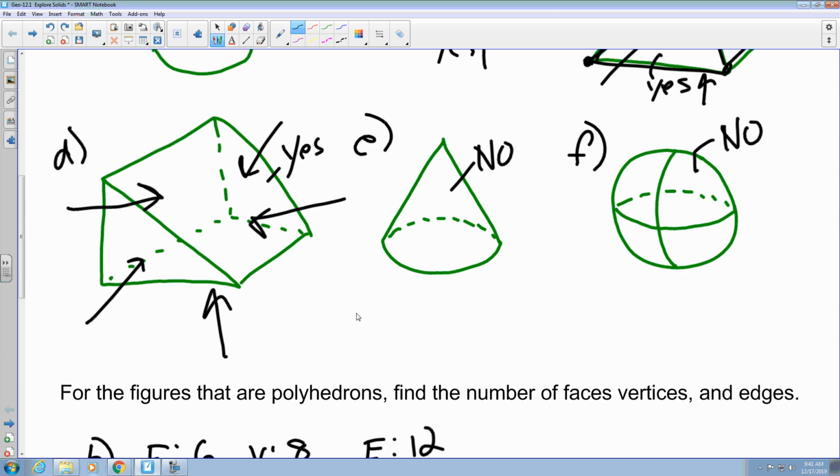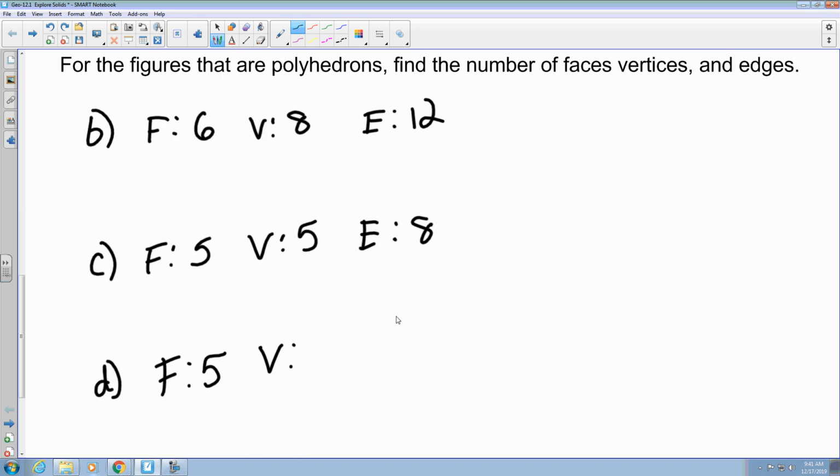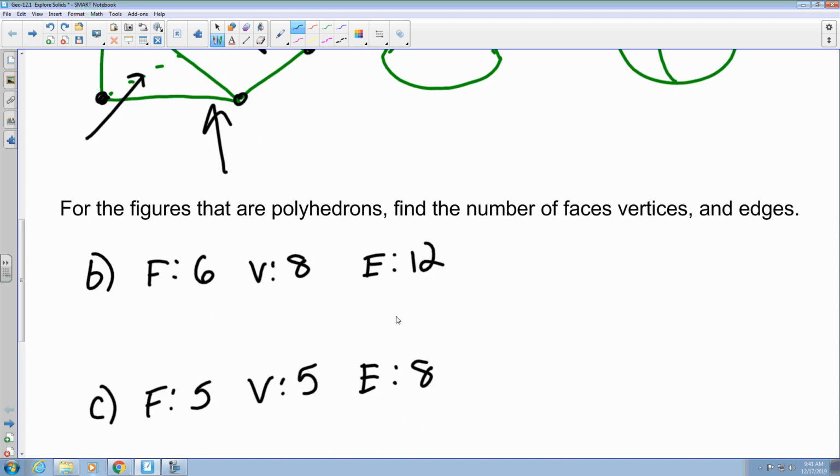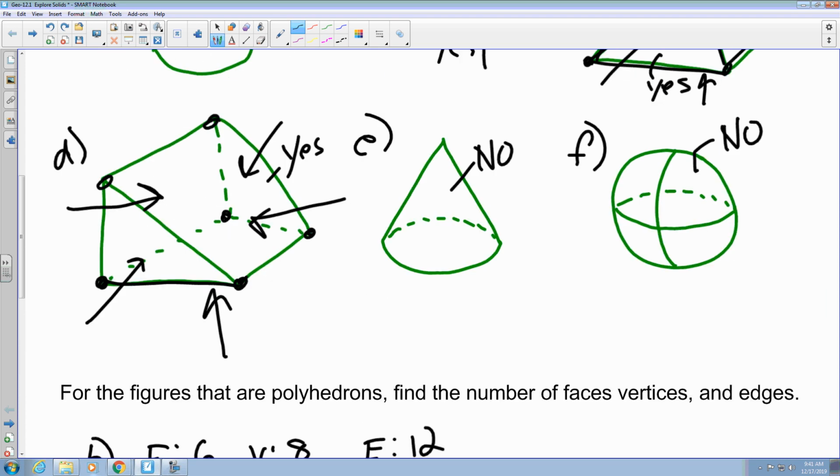Vertices, I have one, two, three, four, five, six. And edges, we have one, two, three, four, five, six, seven, eight, nine. So nine.